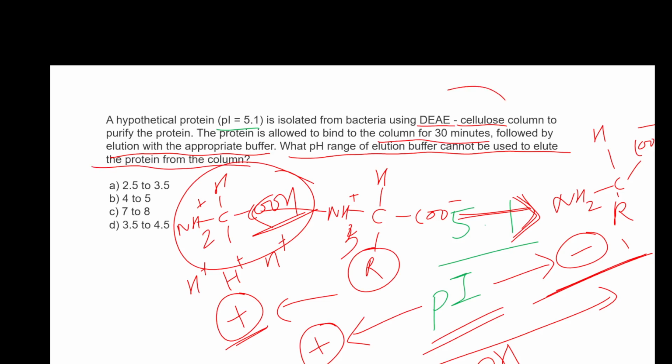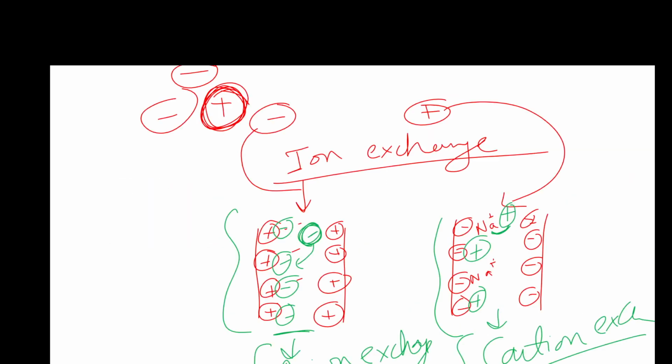So here they have taken this matrix, which is DEAE cellulose. In DEAE, the A denotes amino, and amino means positively charged. So their matrix is positively charged.